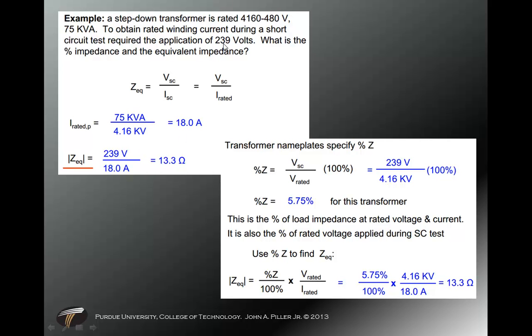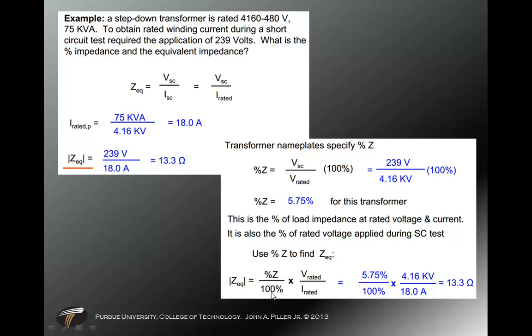So 239 volts on the primary, the short circuit voltage, divided by the primary current gives us 13.3 ohms. All right, so what does that mean in percent impedance? Well, V short circuit divided by V rated times 100%, we end up with 5.75%. We can use 5.75 to back into this equation up here.